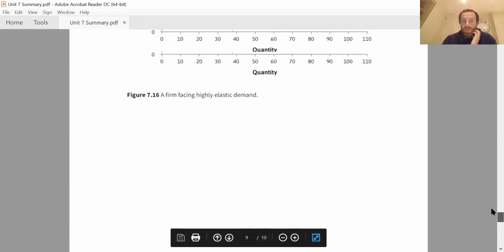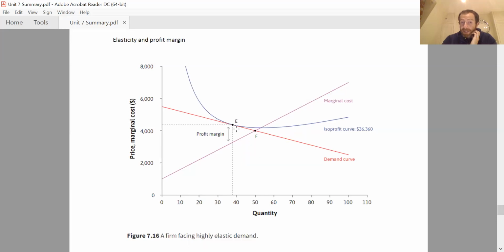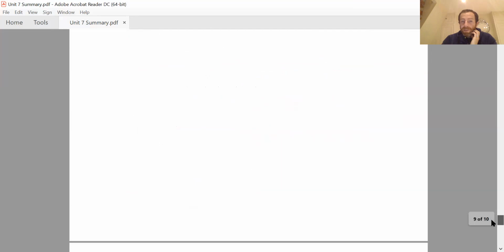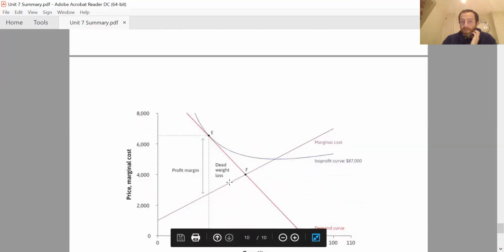So just to do a final comparison, deadweight loss for this elastic good is quite small. So the market failure here is not so bad, but the market failure when we have a good with inelastic demand is much bigger, really much bigger.